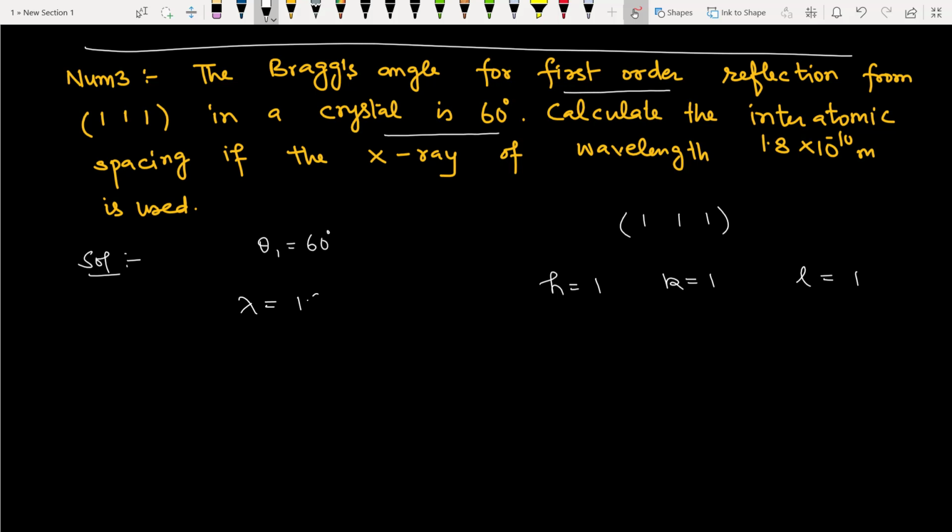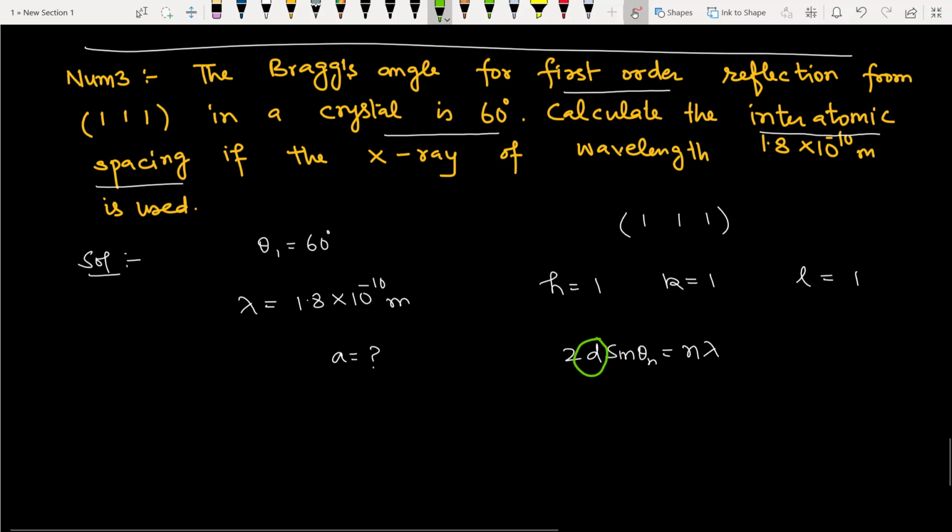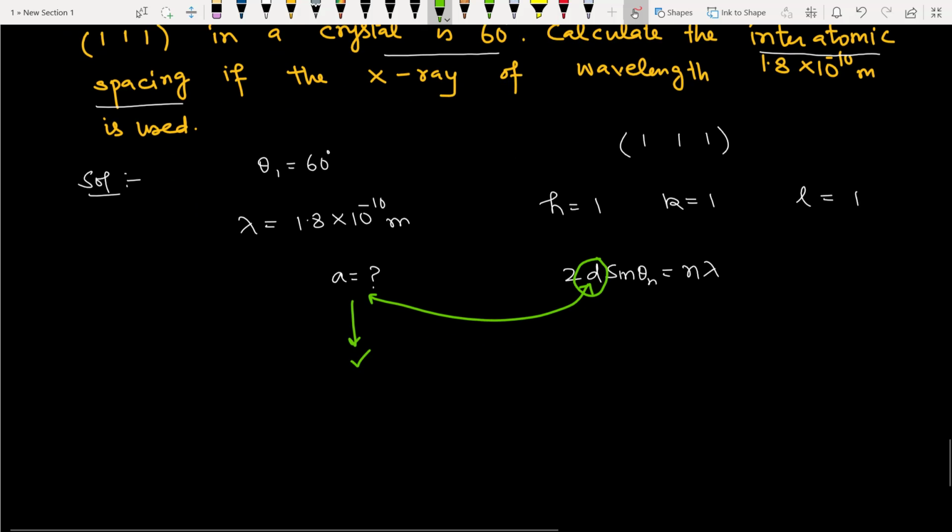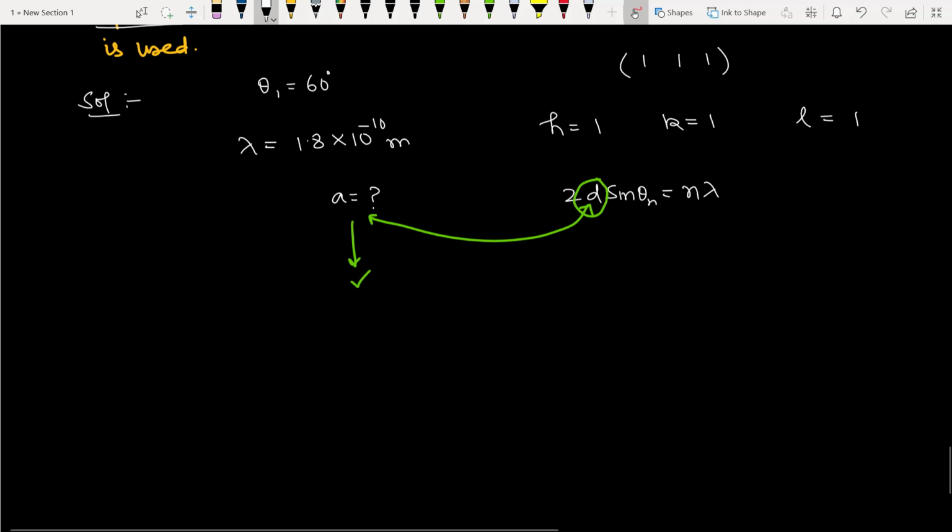Wavelength is 1.8 into 10 raised to power minus 10 meter, and we are to calculate interatomic spacing, which is represented with a. Bragg's law is 2d sine theta equal to n lambda. So firstly we have to calculate d, then write the relation between d and a, and finally we will get a. This will be our roadmap.